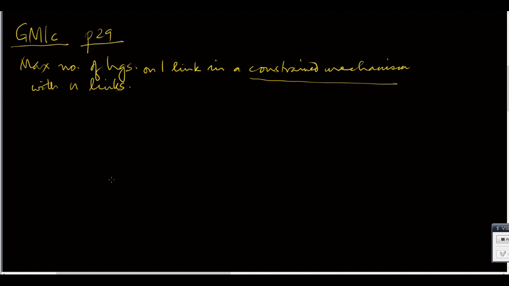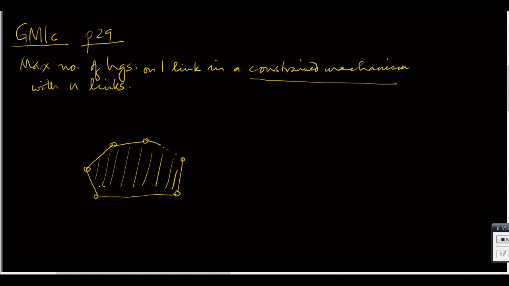We will draw the link which has I hinges, and of course I am going to draw it with a finite number, but you can think of it as having some dashed component like this, and these hinges will be numbered. This entire thing is one body.